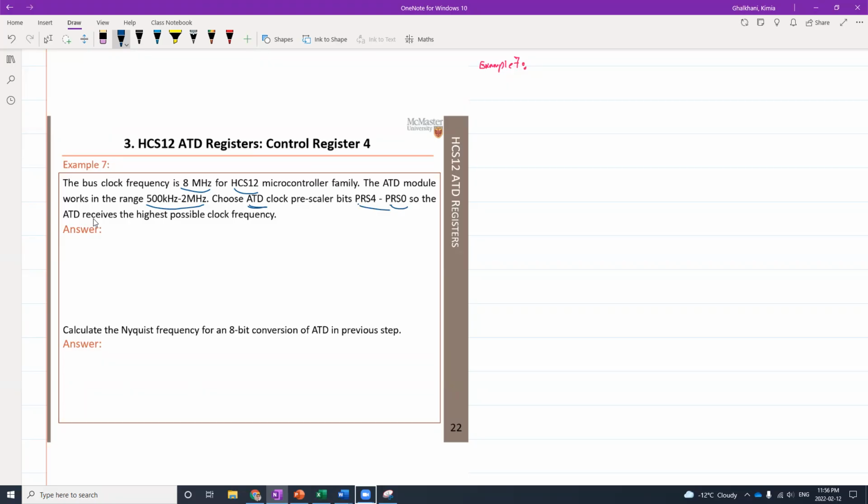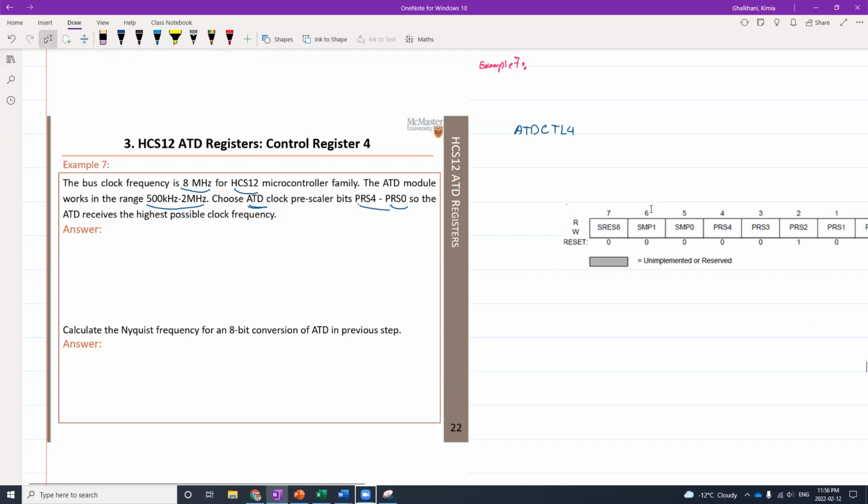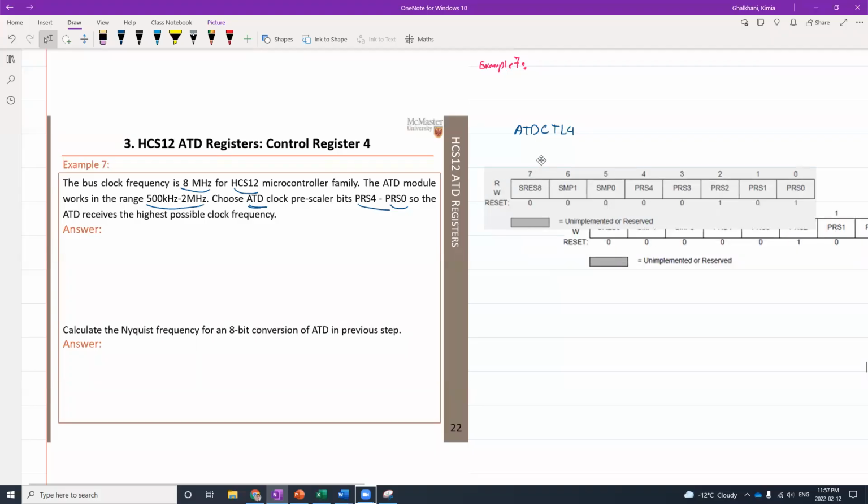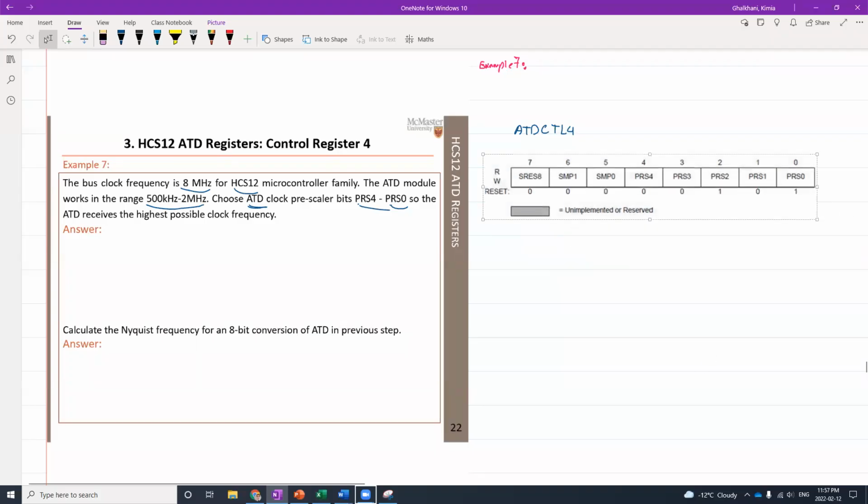So the clock for the analog to digital has a register, ATD, remember we used this in the lab, ATD CTL4, right? To scale down the main bus clock. And I will show you the structure of it. Let me copy that one for you and bring it here.